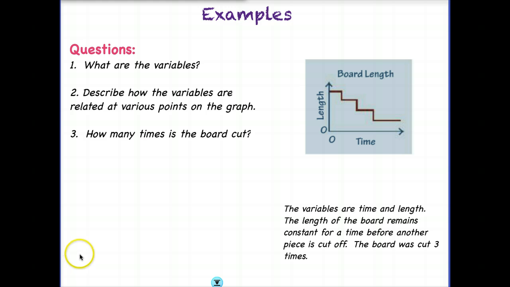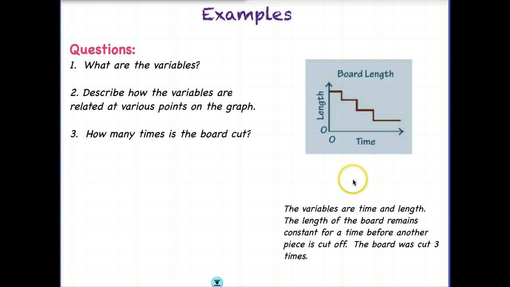Okay, and how do I know the board is being cut, first of all, to answer that question? So let's do the easy one first. What are our variables? Well, our variables are length and time. Length is our y variable and time is our x variable. And again, our length of the board is dependent upon time.